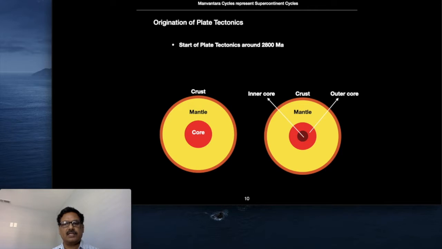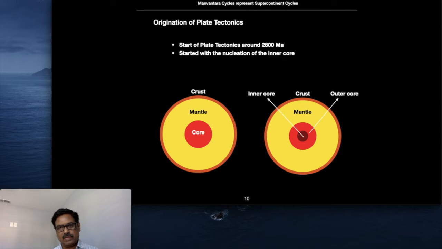So that's what I call the start of plate tectonics, because the Earth started to cool as part of plate tectonics. When the inner mantle cools, the solidification, the nucleation of the inner core, happens. It started with the nucleation of the inner core.